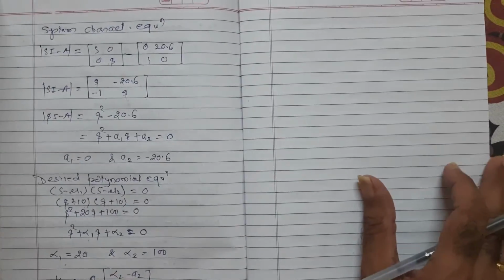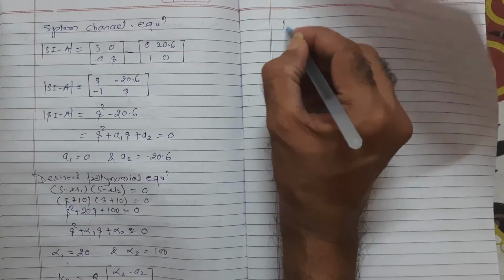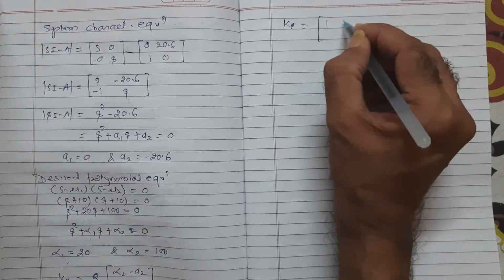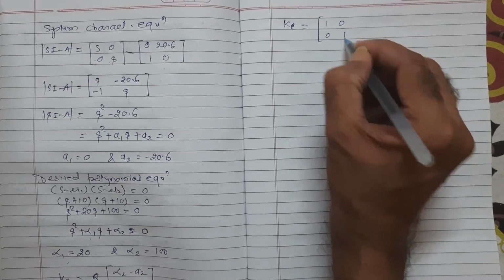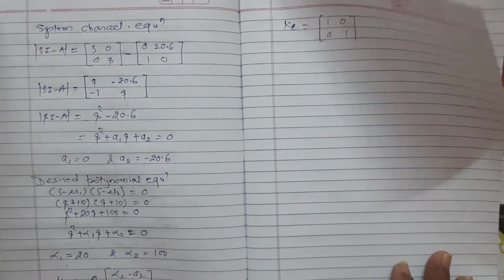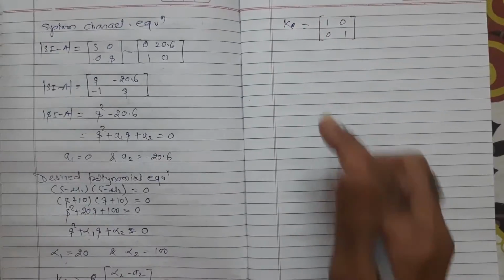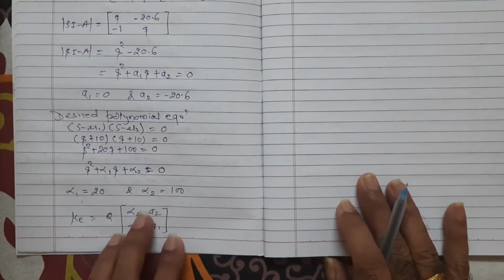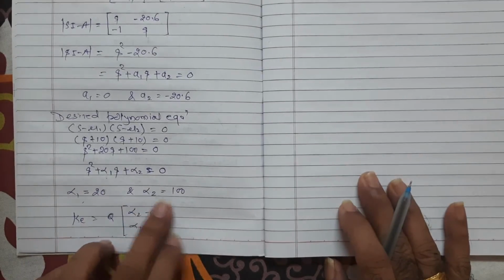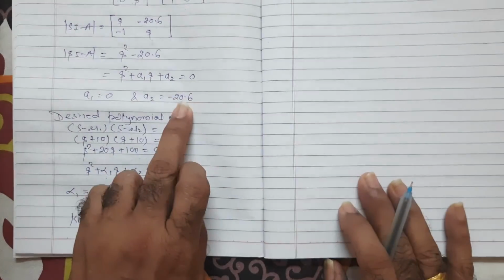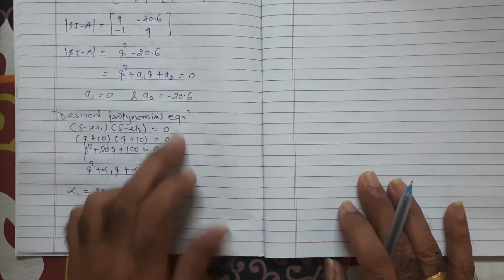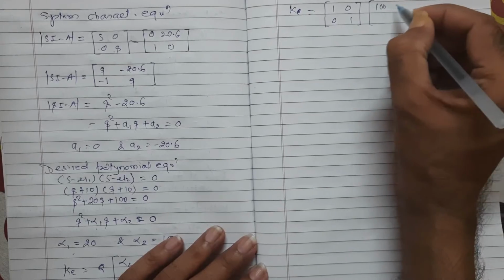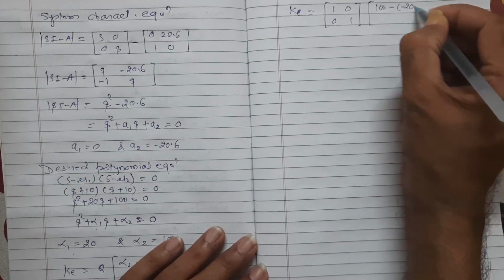Hence we can write Ke equals Q, the identity matrix, which is 2 by 2, so here it is 1 0 and 0 1. Then alpha2 minus a2: alpha2 is 100 and a2 is minus 20.6, so minus minus plus, it is 100 plus 20.6.